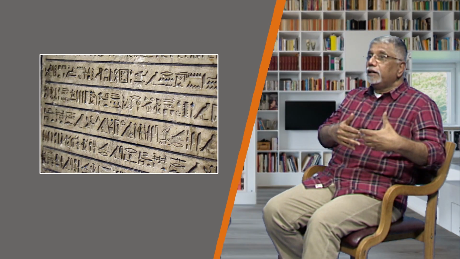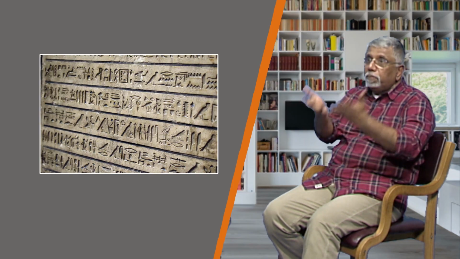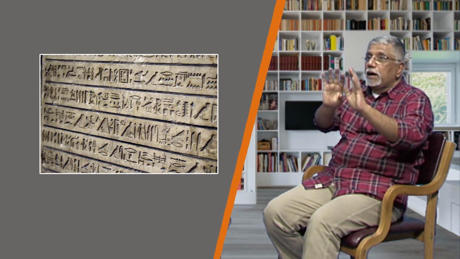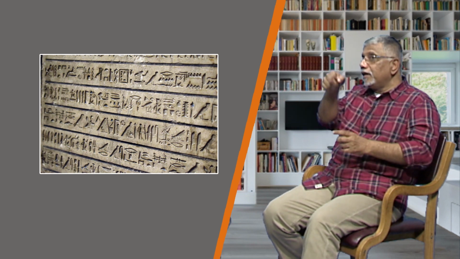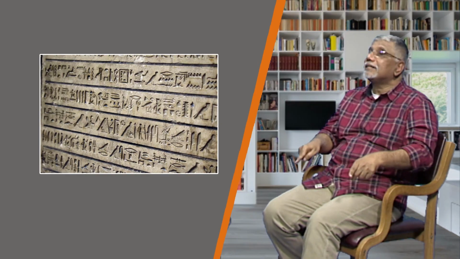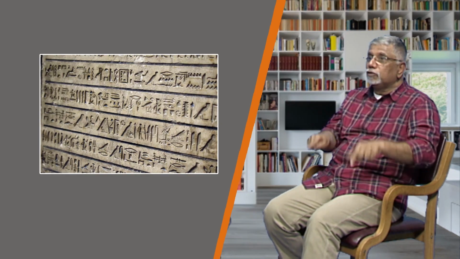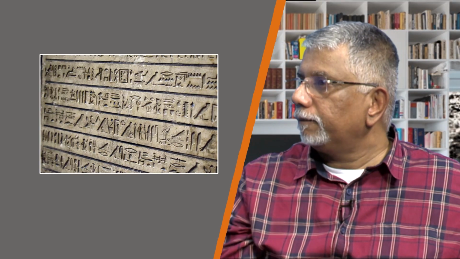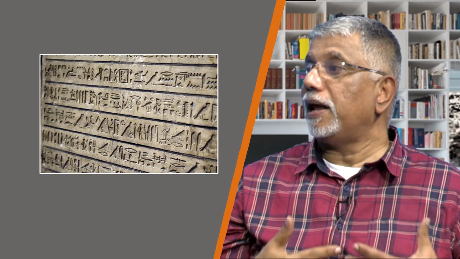The clay tablets could break, could get dissolved in water. Some of the markings could get erased. But in these granite slabs, the clay slabs were replaced by granite slabs. The marks were permanent, and that became much more dependable.